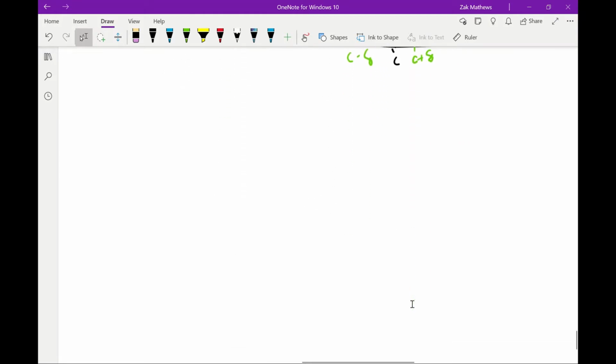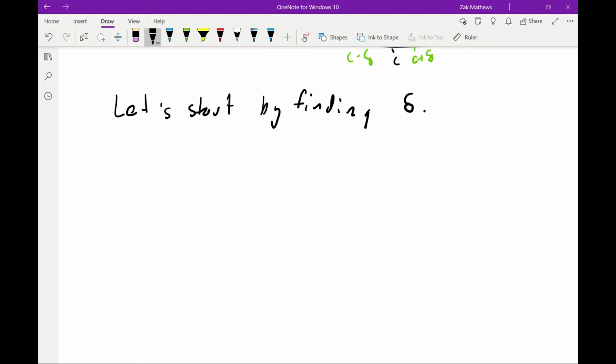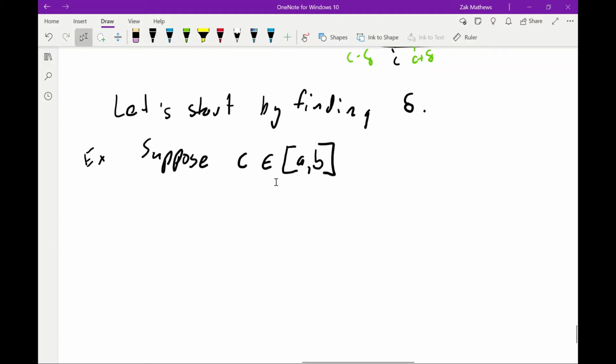Let's start with this idea of finding delta. And let's start off really easy. Suppose c is in the interval from a to b. And remember this symbol looking like an e, it's a stylized epsilon. This is saying c is an element of the range from a to b.